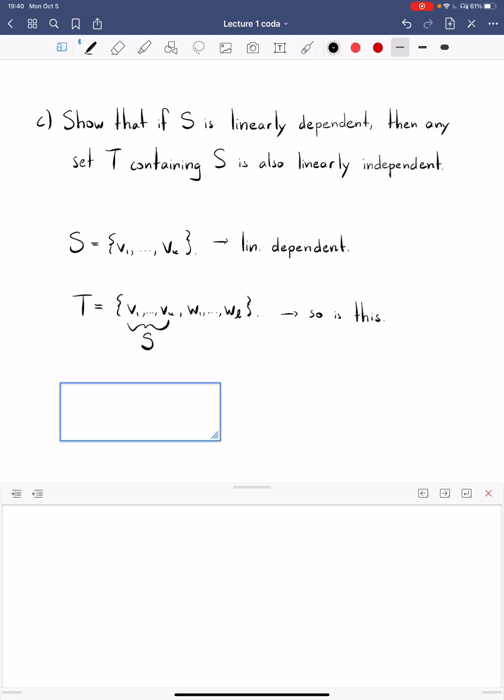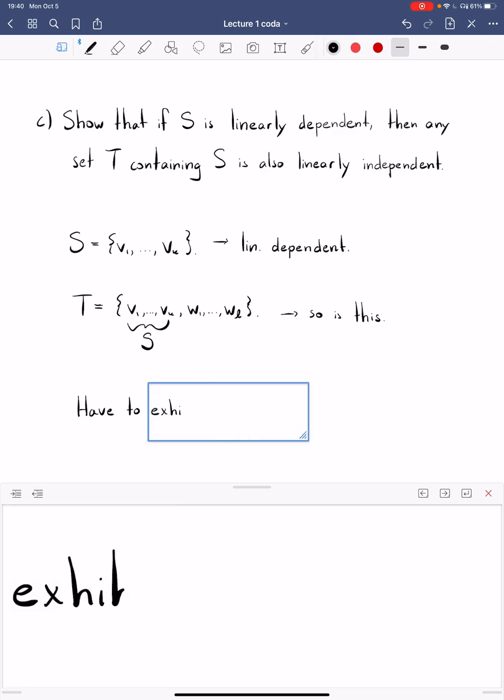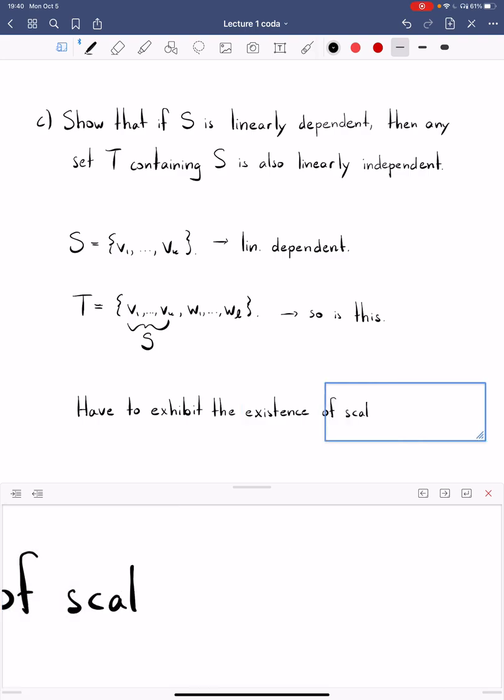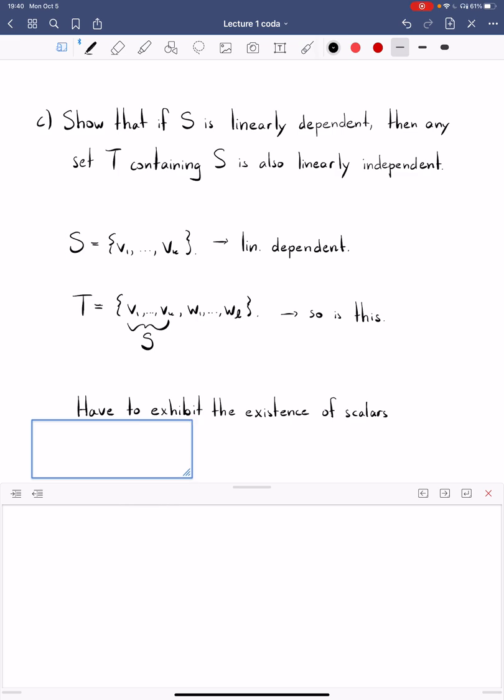So what do I have to do to show that T is linearly dependent? I have to exhibit the existence of scalars. And how many of them? Actually, k plus l of them, right?